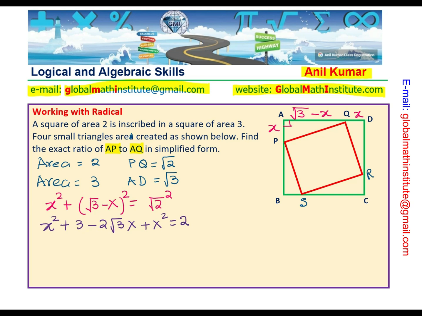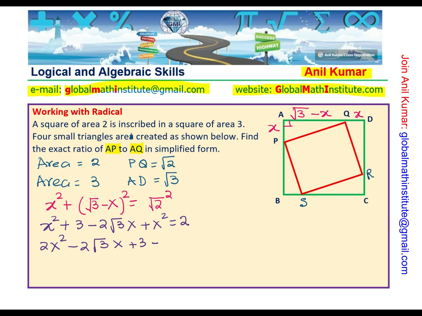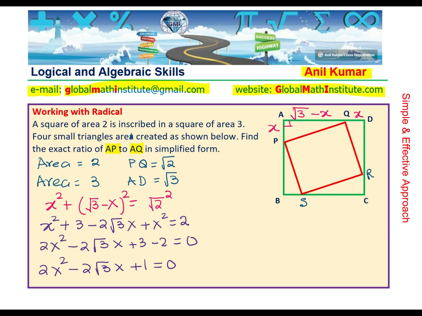Bring all the terms to the left side. x square plus x square is 2x square, then minus 2 square root 3 x, and then plus 3 minus 2, equals 0. Or we get 2x square minus 2 square root 3 x plus 1 equals 0. So that is the quadratic equation which we need to solve.